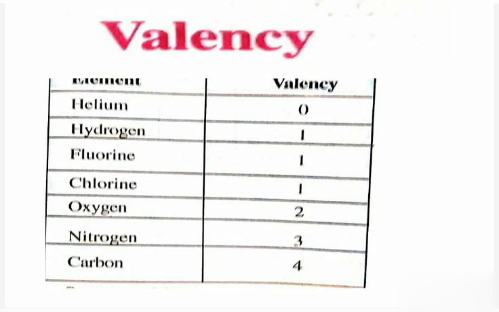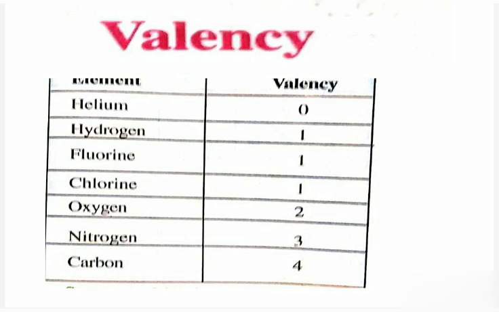Lithium has atomic number 3, so there are 3 electrons and 3 protons. The first 2 electrons occupy the n equals 1 shell, and the next 1 electron occupies the n equals 2 shell. Beryllium has atomic number 4: 2 electrons in the n equals 1 shell and 2 electrons in the n equals 2 shell.